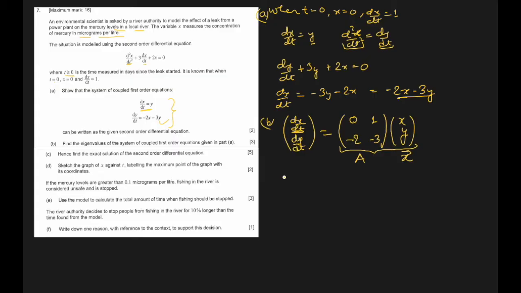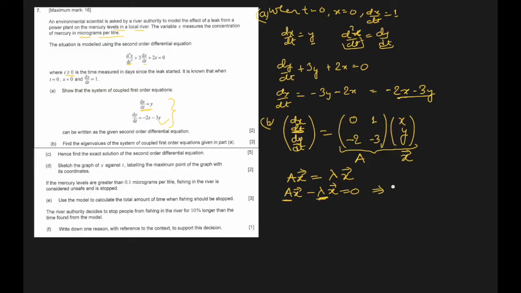For finding eigenvalues, we have to do this: Ax is equal to the eigenvalue lambda times x. We can say that A times vector x minus lambda times vector x will be equal to 0, and we have to multiply this eigenvalue by the unit matrix, because A is a matrix.